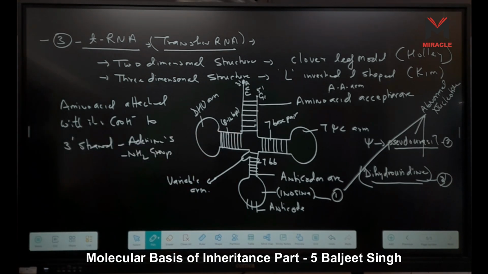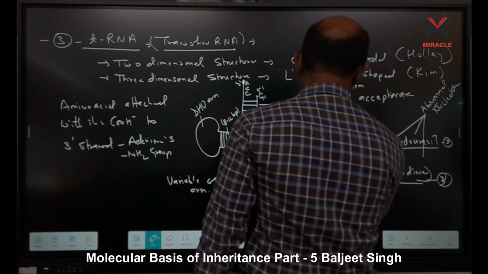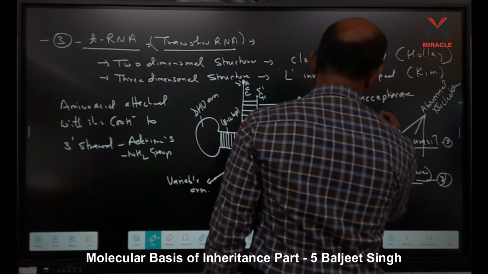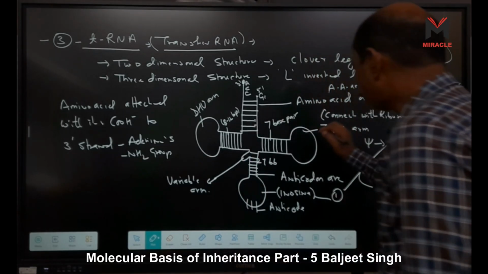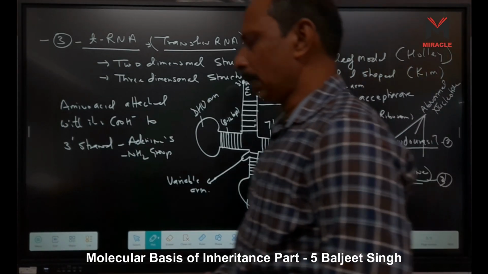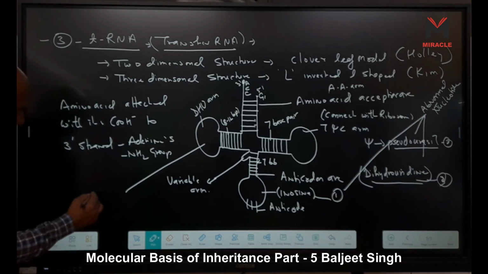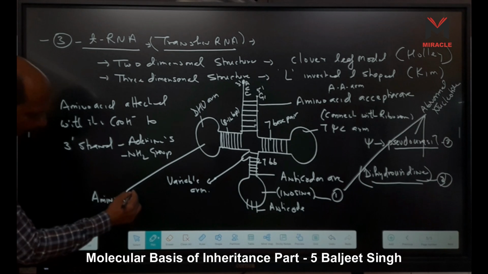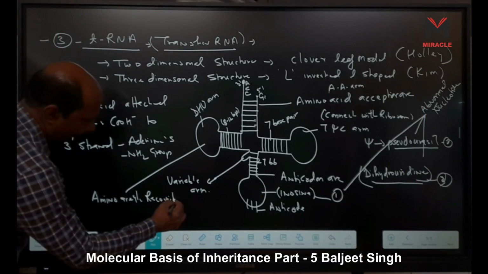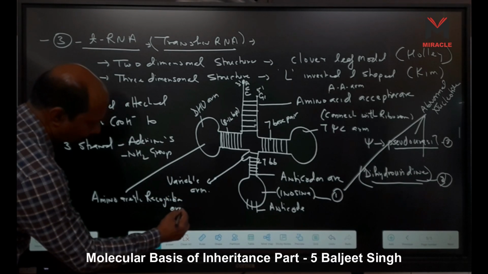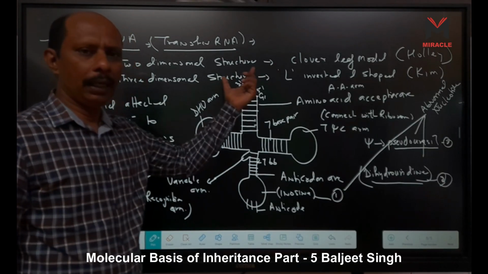This is responsible for the connection with the ribosome, the larger subunit. Second, the DHU arm is also called the aminoacyl recognition site, or aminoacyl recognition arm, because it recognizes the amino acid and is also responsible for the attachment of amino acid.